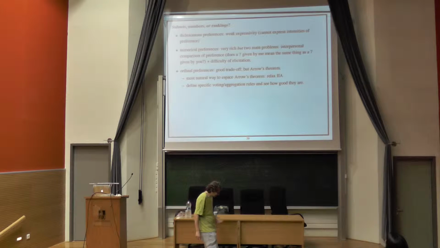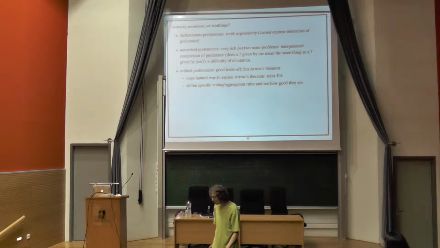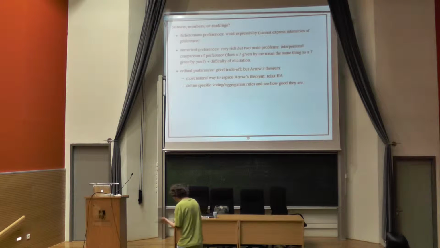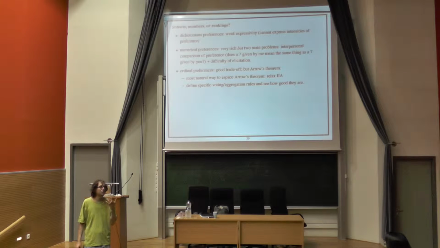Because when you use numbers, it's not guaranteed that the same number means the same thing to 2 different agents. If you give a 7 to a restaurant, does my 7 correspond to your 7? There's absolutely no reason why it should mean the same thing.